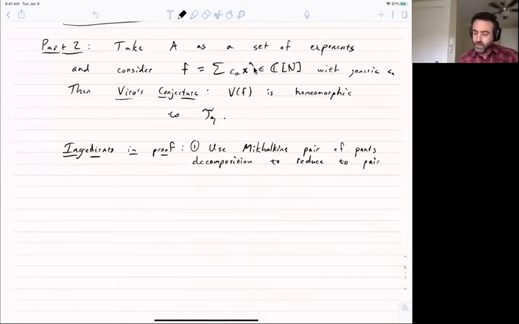So maybe I'll say it this way, to reduce to the case where A is a standard simplex. So A is equal to these examples I was talking about before, maybe.